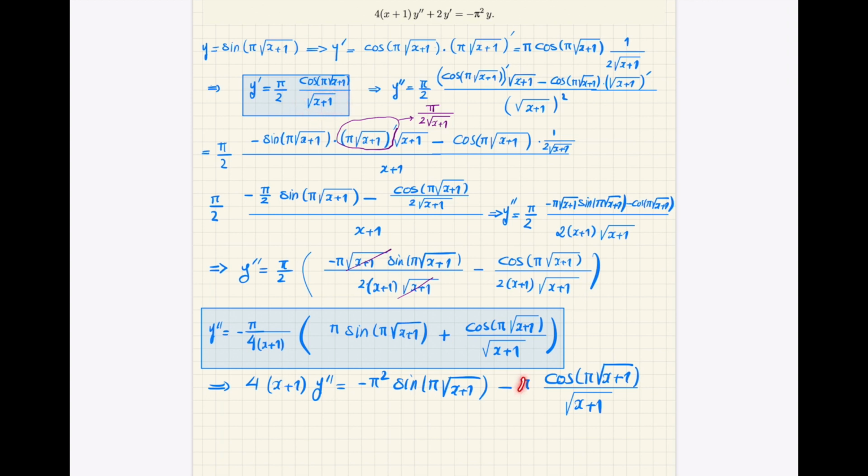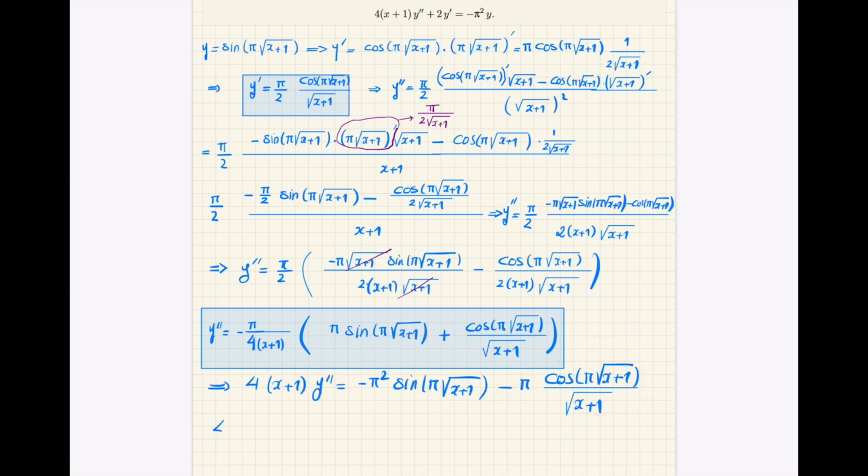I also have a pi in the numerator. The only thing that I do not have here is just a factor of 2. So I can divide this by 2 and multiply it by 2. Then this expression is just y prime, and this expression is just y. So let me write them. You remember, I divide by 2, multiply by 2, this is y prime, so this becomes minus 2y prime.